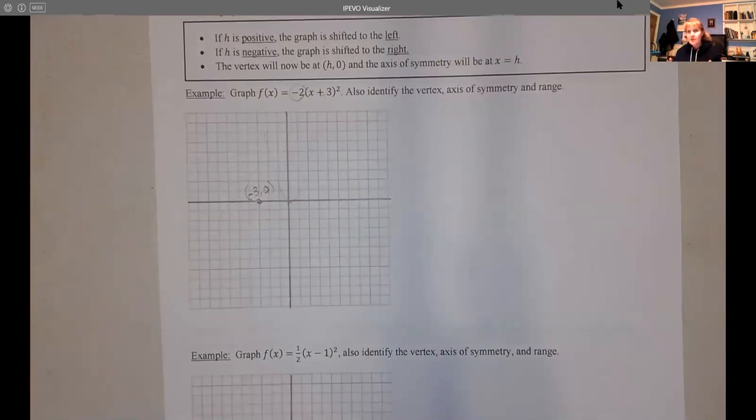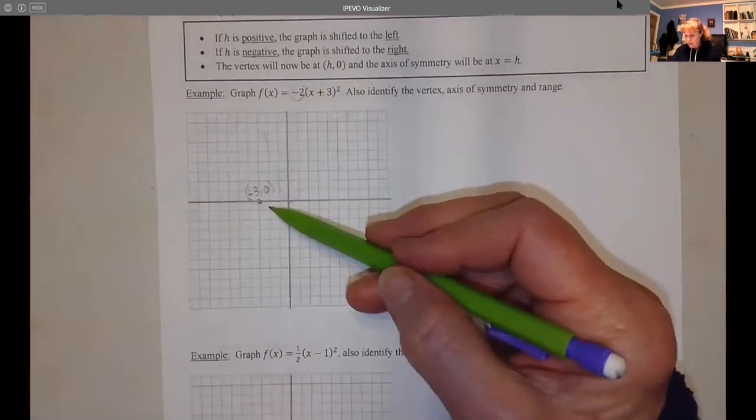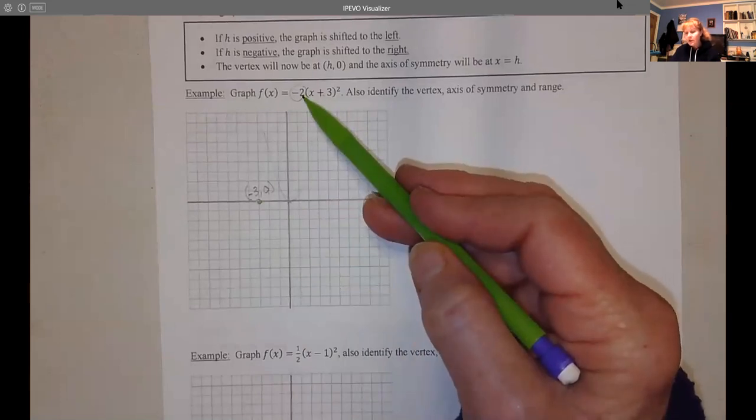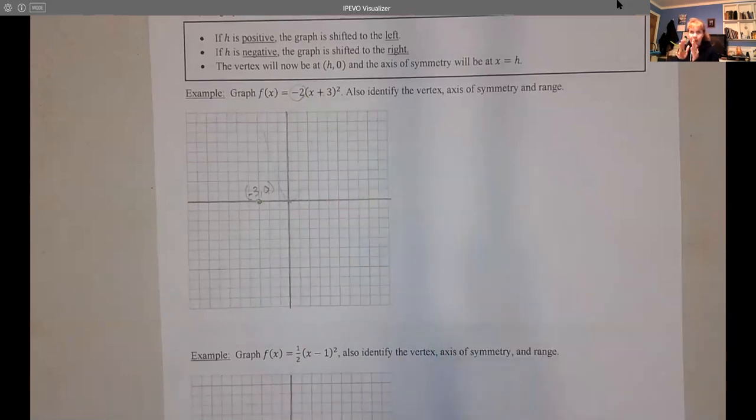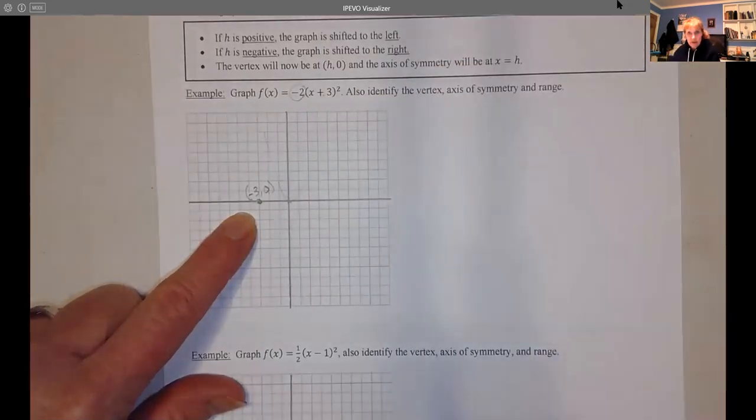Okay, what do you know about the negative? Well, that negative tells me it's going to be opening down. This number out here is negative. It's going to be opening down, and it's going to be a little narrower than the parent graph because that's a 2, so it's going to be thinner. Okay, stretched, it's going to be thinner. Oh, and the axis of symmetry.